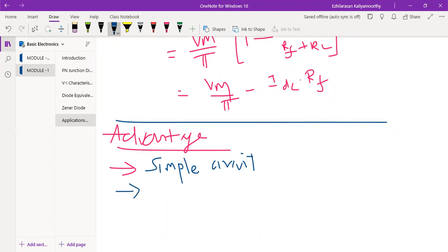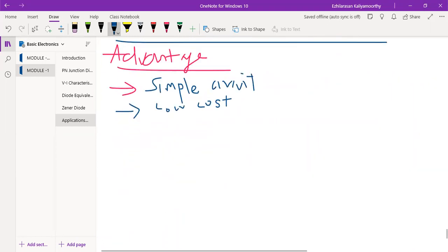The first advantage is that it is a simple circuit. Second, with few components, it is low cost. So this is one more advantage we can say.